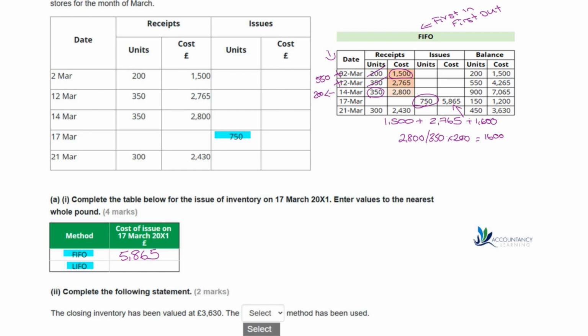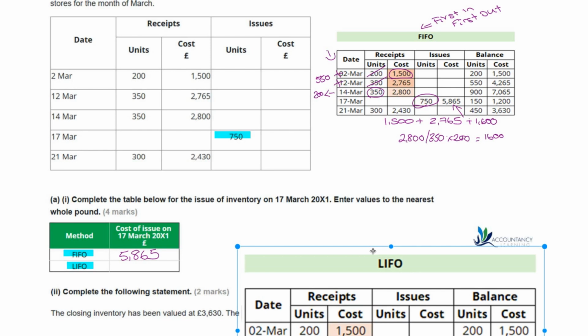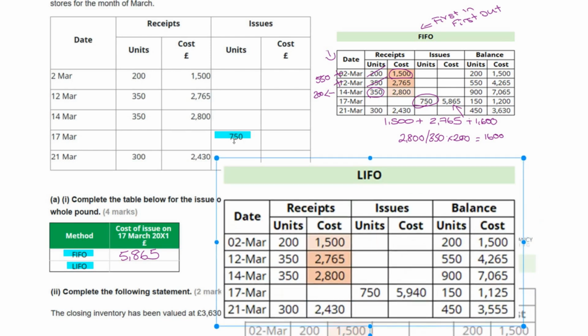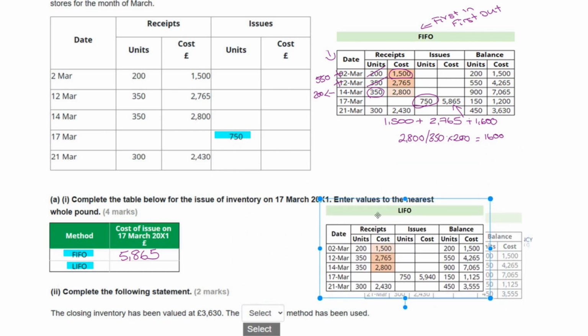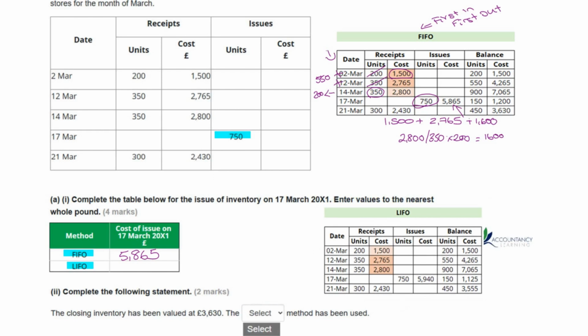So when it then comes to LIFO, which is last in, first out, we need to now do a similar thing. LIFO is last in, first out. So we've got our 750 that we need to issue. Now we're going to work backwards.